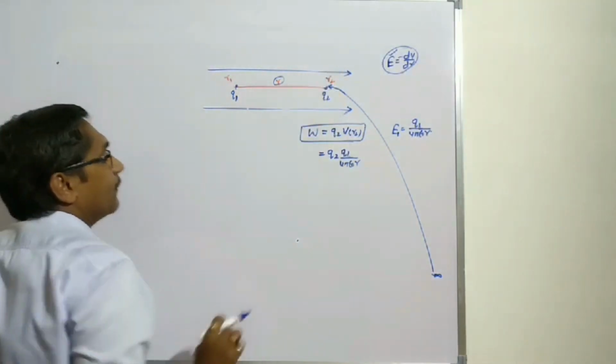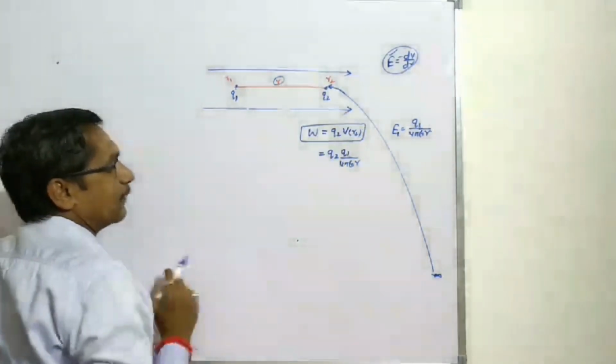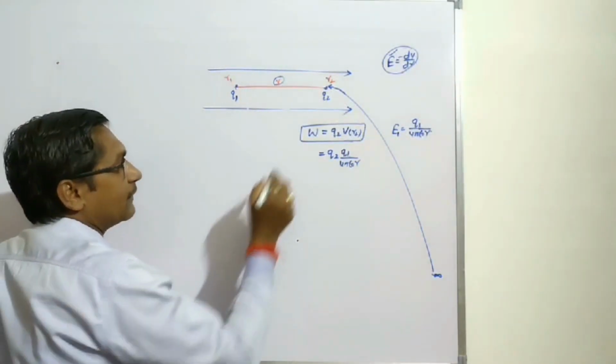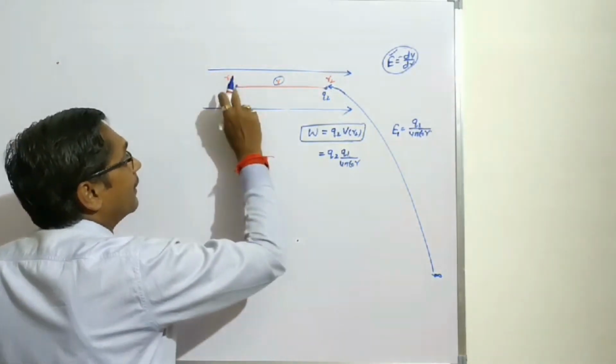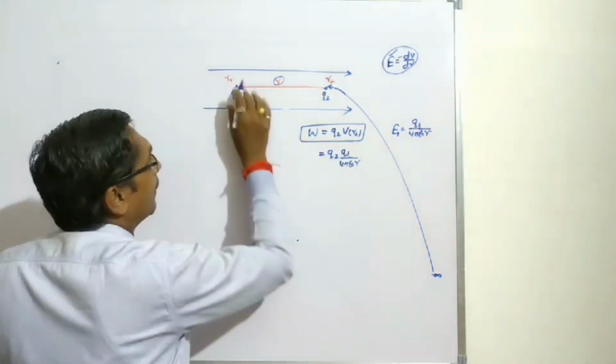This potential is a function of R2. And next there is another work done. The separation between them is R.